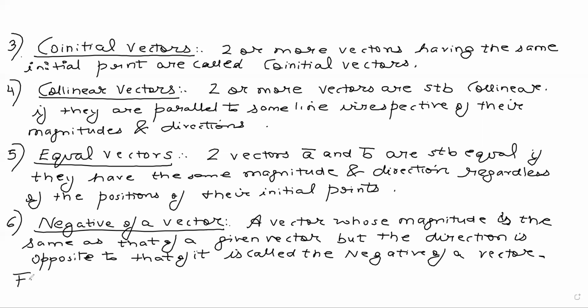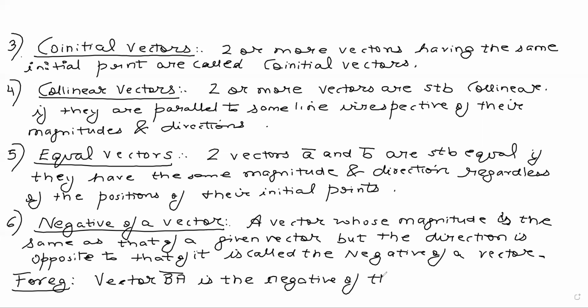For example, vector BA is the negative of the vector AB, and it can be written as vector BA is minus of vector AB.